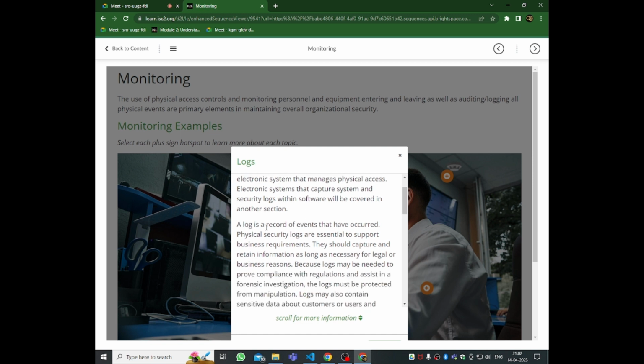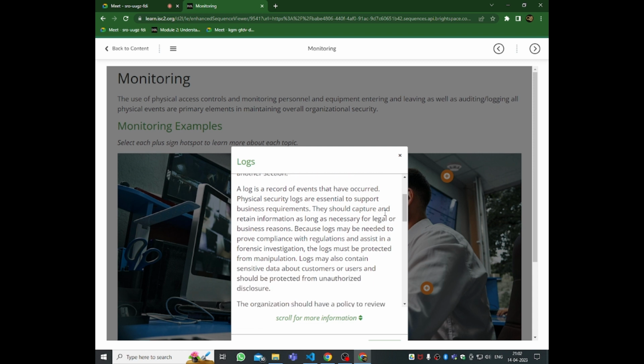A log is a record of events that have occurred. Physical security logs are essential to support business requirements. They should capture and retain information as long as necessary for legal or business reasons, because logs may be needed to prove compliance with regulation and assist in a forensic investigation.